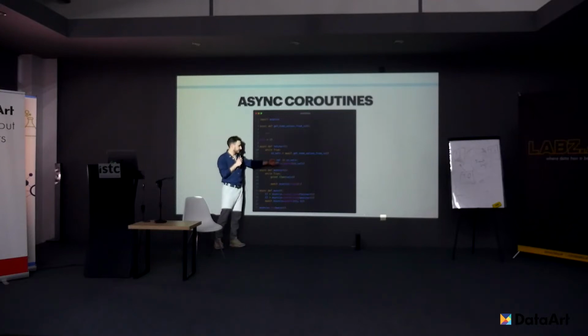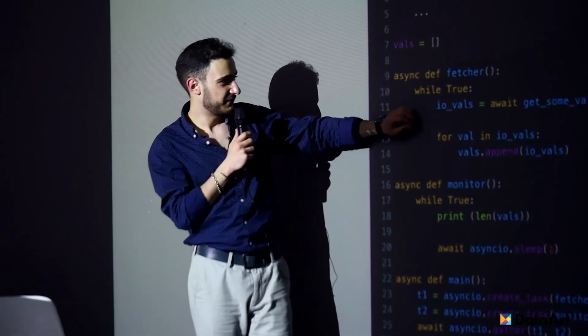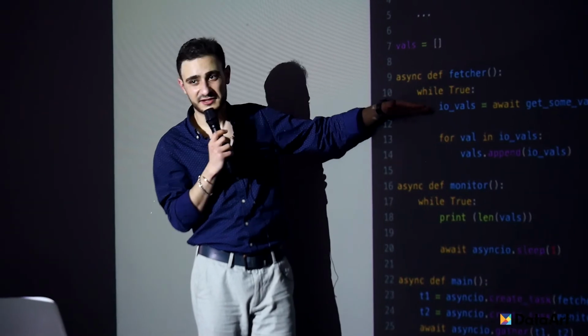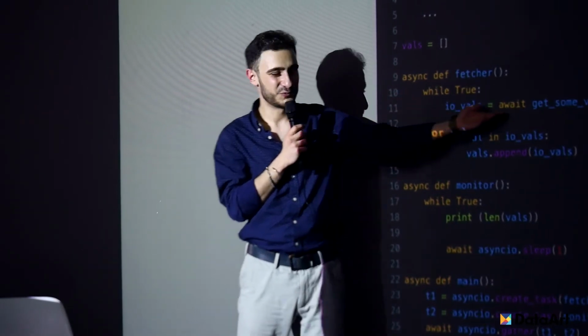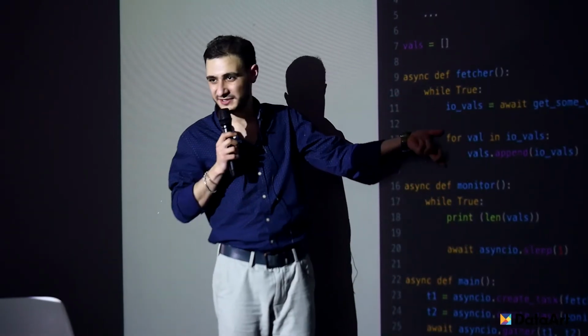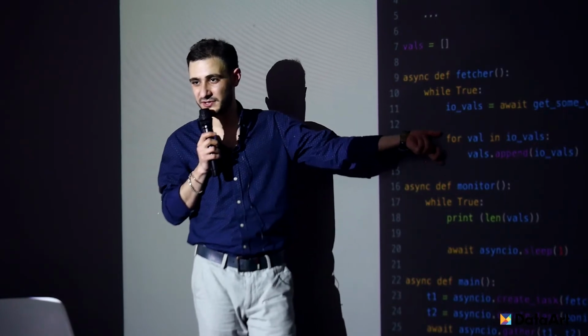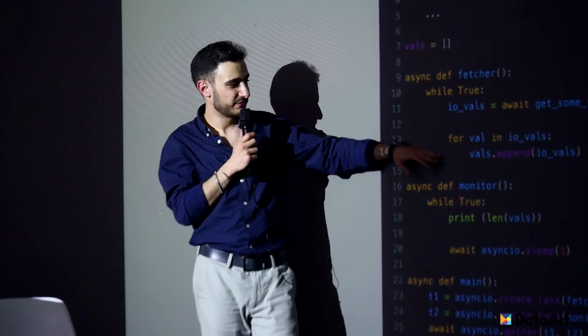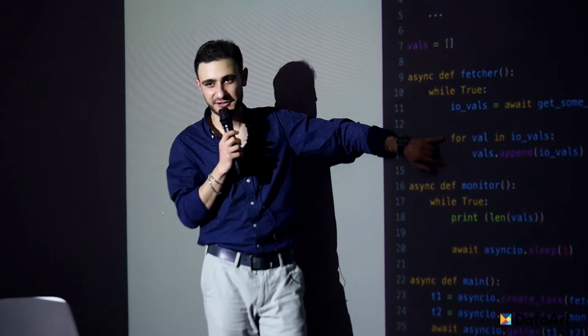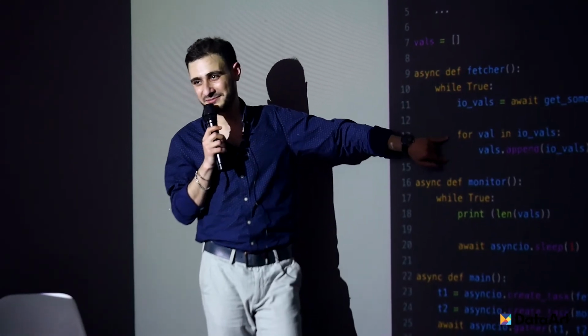Then it loops through the fetched values and appends them to the list. So in this async function we have a part which is of course async with await, and we have a part that is synchronous. Please pay attention to this part. When this function is executed, this part can only be run in a synchronous manner.